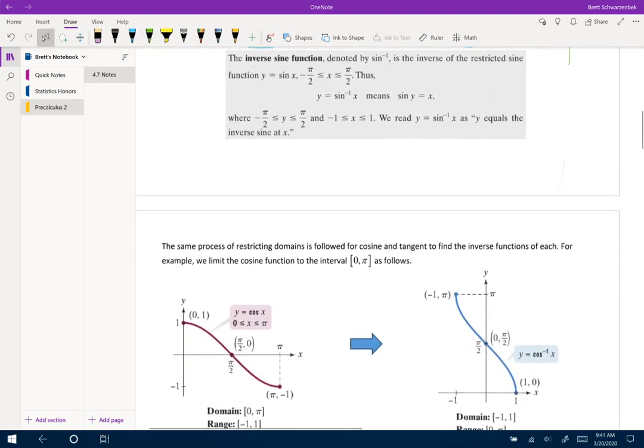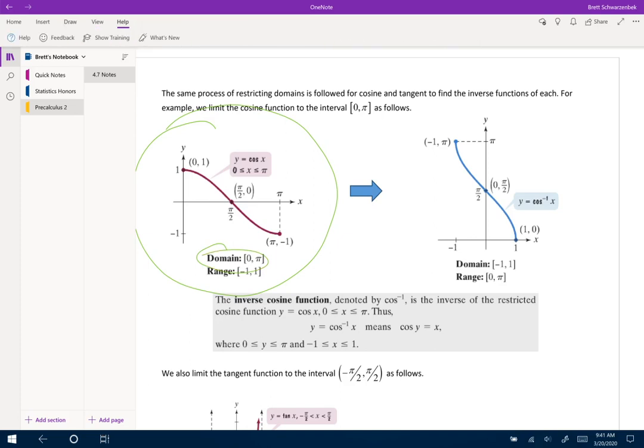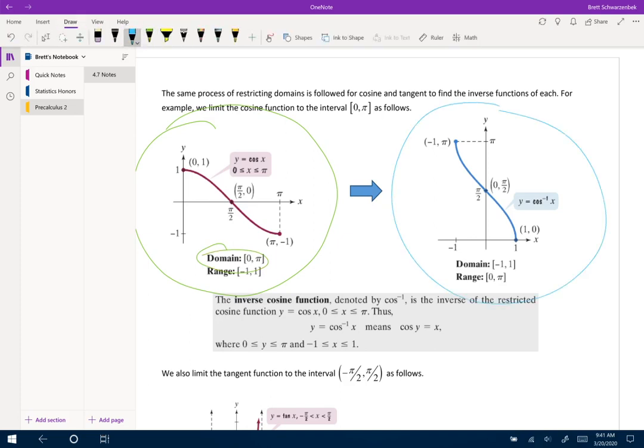Now the same can be said for the other graphs. Instead, for cosine, they limited our domain from 0 to pi. So when you switch it so that x and y switch places, you end up with this graph, which now has a range of 0 to pi.